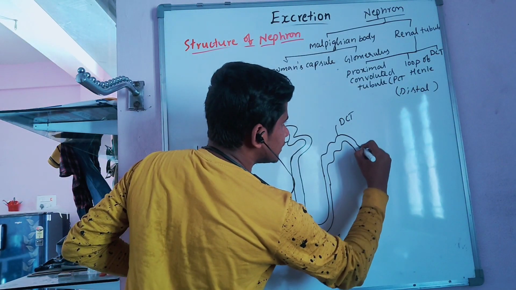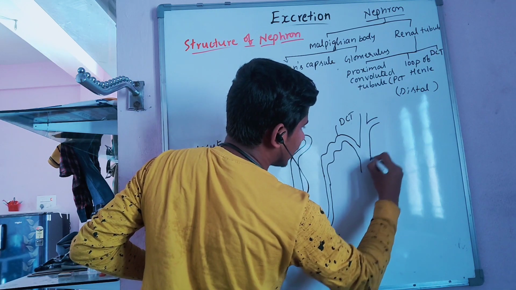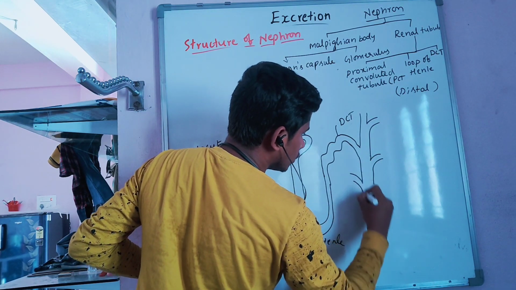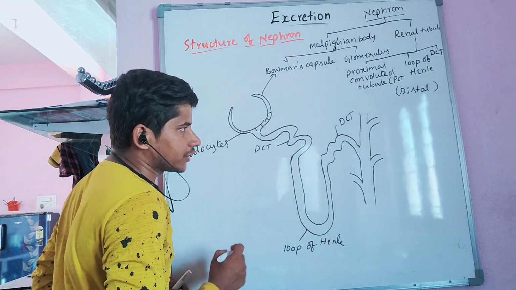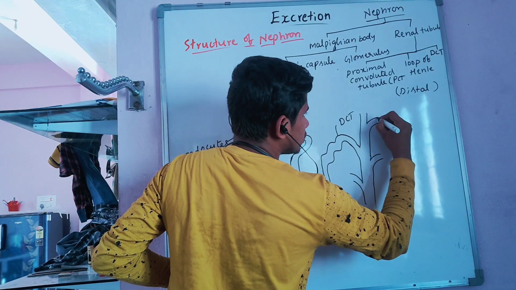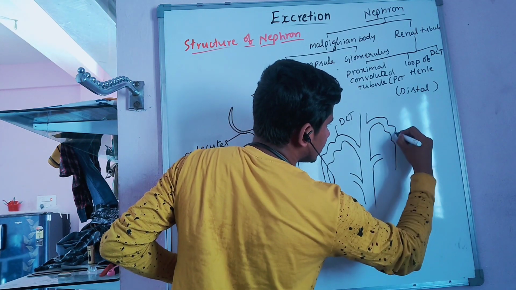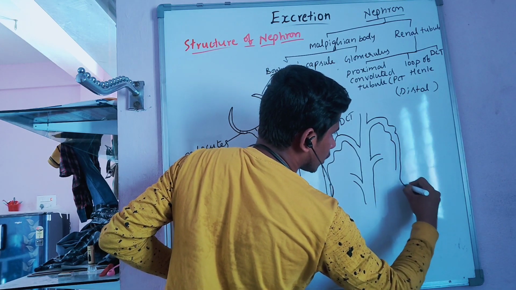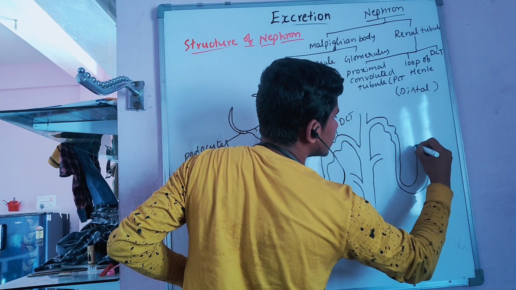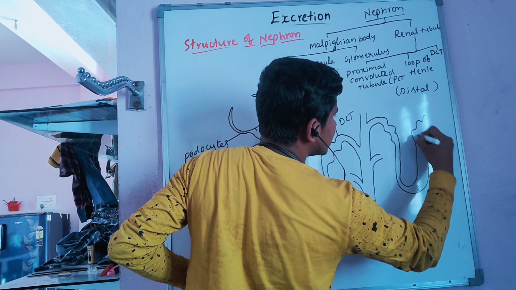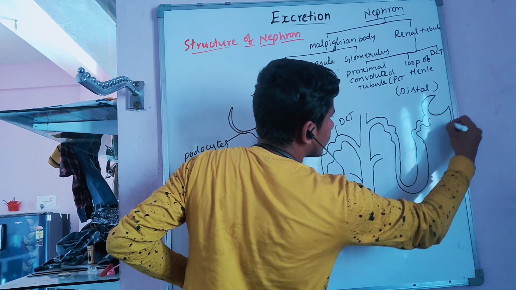Now the DCT, at another end, joins with one more big duct called collecting tube. So the DCTs from all nephrons are going to connect with that collecting tube. If you take a DCT of one more nephron, this is the DCT of another nephron, this is the ascending limb of loop of Henle, this is the descending limb, this is the PCT, and this is the Bowman's capsule of another nephron.